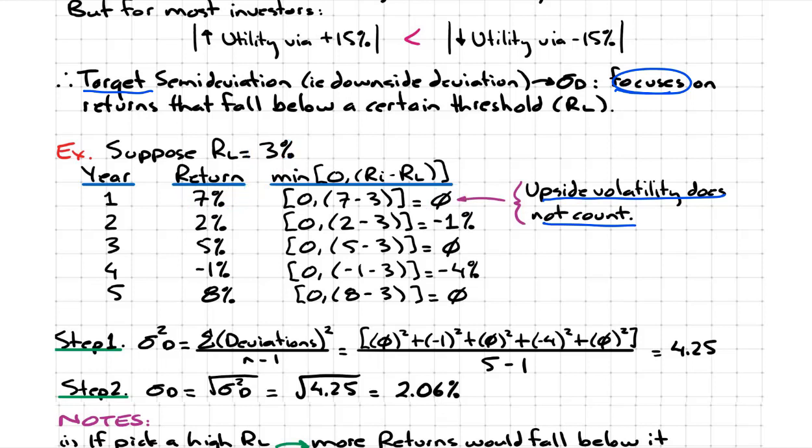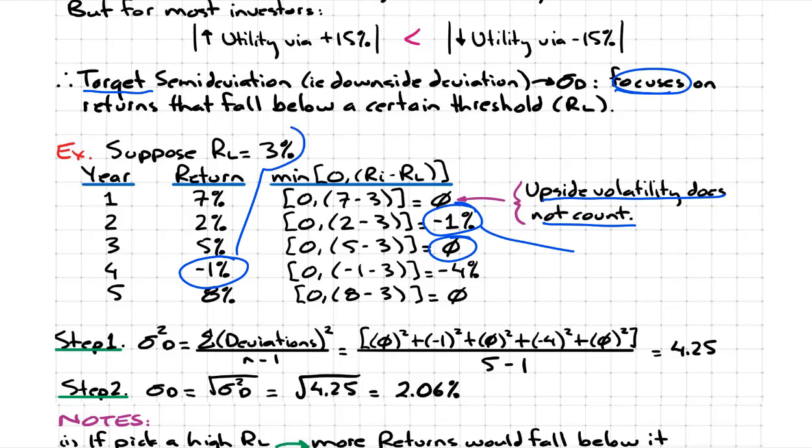How about the second observation? We had a return of 2. Well, 2 is less than 3, so it was a minus 1% deviation below target. So this would register in our data set. Year 3, the return was 5%. This was above, so it doesn't register. And year 4 is minus 1.